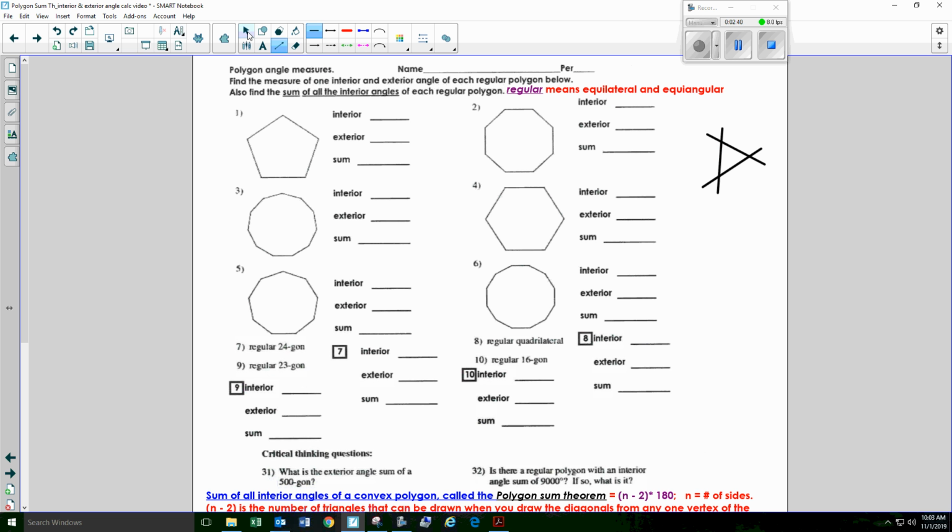In order for it to be a polygon, the segments must intersect at the endpoints. So now this is a polygon, because the 3 segments intersect at their endpoints.